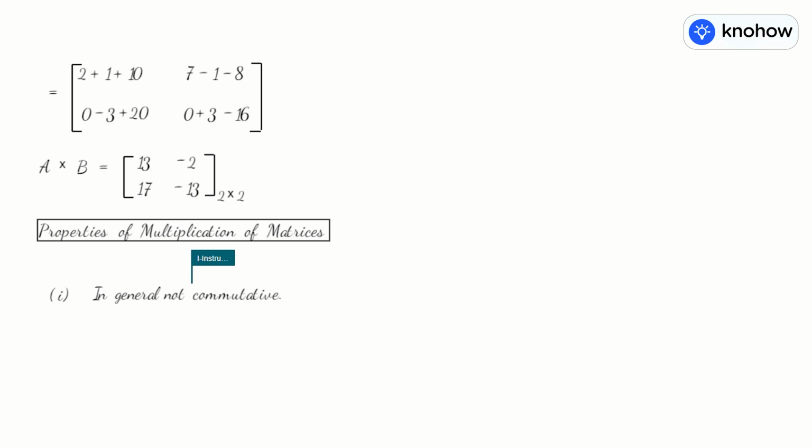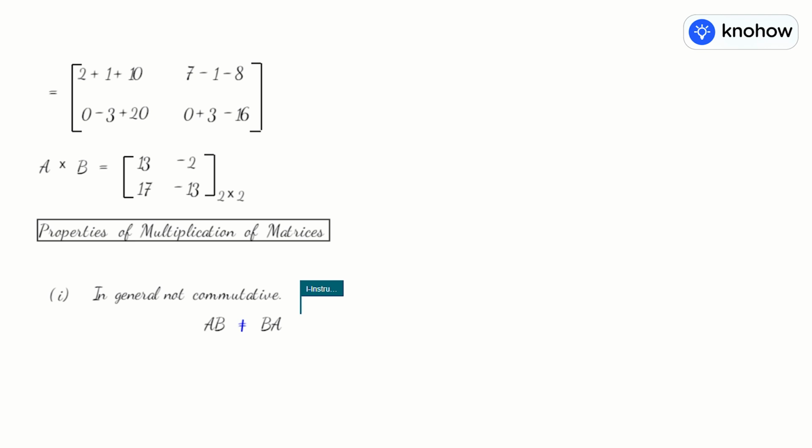Maybe in some particular cases, but in general, when I write AB, I mean A into B, which is not equal to B into A. Sometimes if AB is defined, BA may not even be defined.